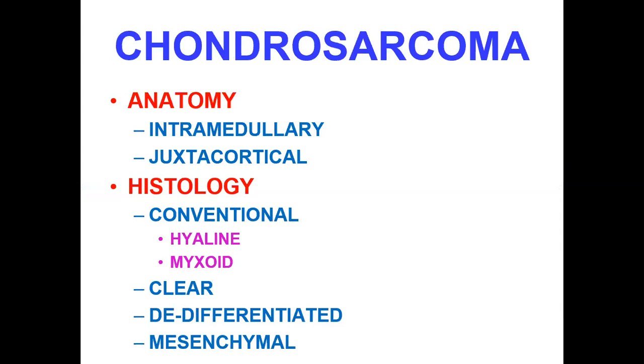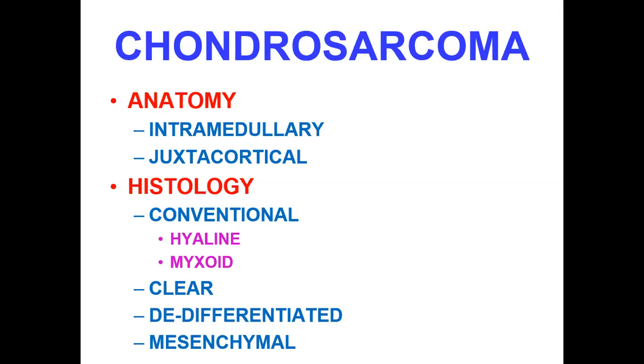Then is the malignant cartilage forming tumor, chondrosarcoma. They can be intramedullary or juxtacortical, depending on the location of the tumor. On histology, they are conventional, again hyaline and myxoid, then clear cell variant, dedifferentiated and mesenchymal.